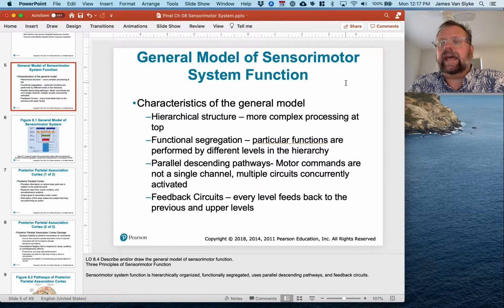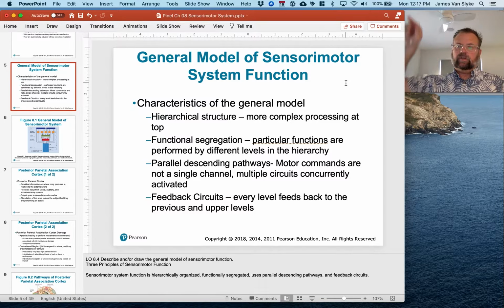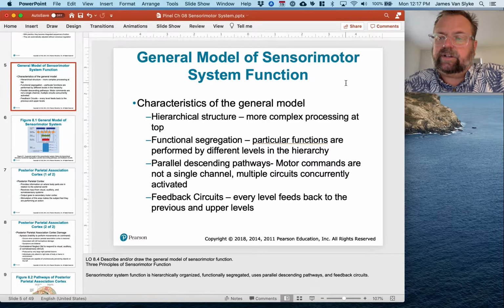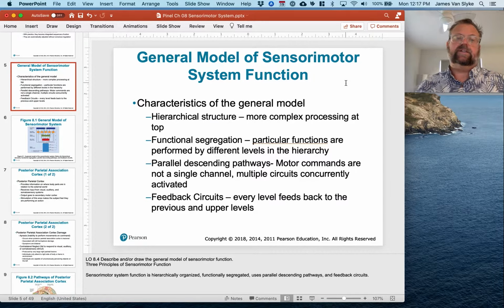Then finally, at every level within this hierarchical structure and among the different functions, there are feedback loops. So there are feedback circuits feeding back information throughout the hierarchical structure that allow us to do the kinds of complex tasks that we're able to do.